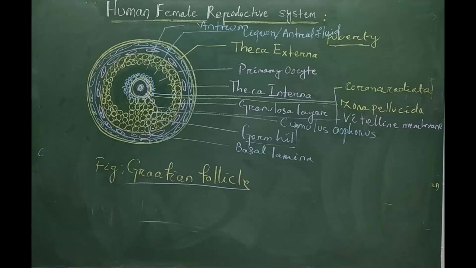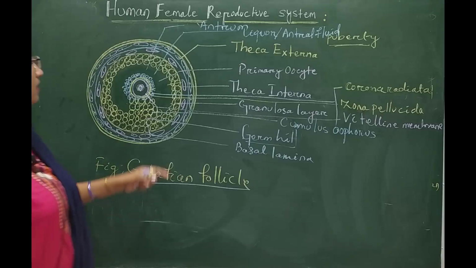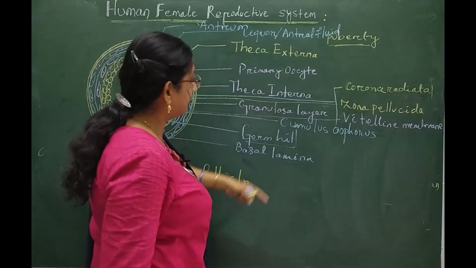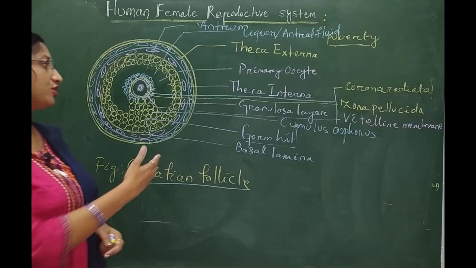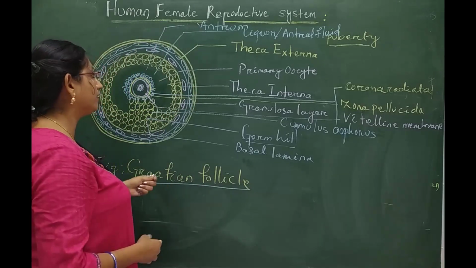And if the Graafian follicle is asked as a short note of 2.5 marks, you have to draw this diagram explaining the different parts and the points which I have discussed over here.